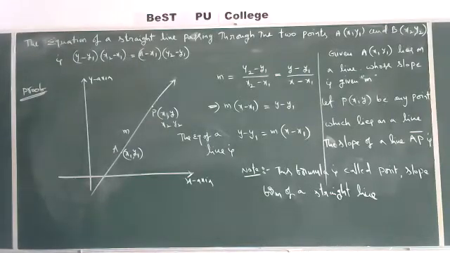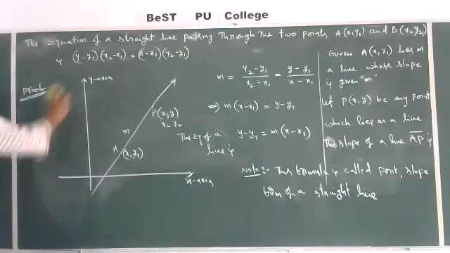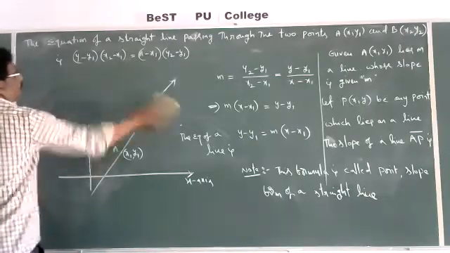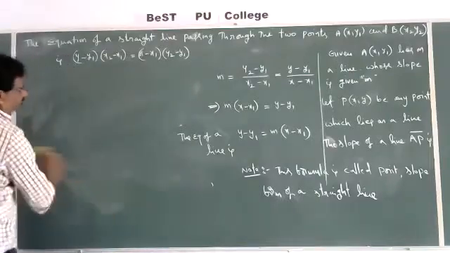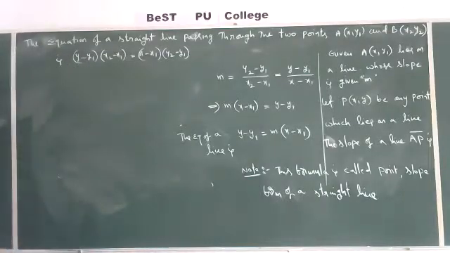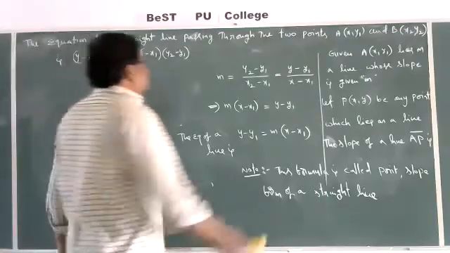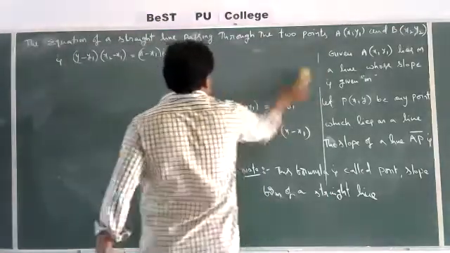Prove that the equation of a straight line passing through the two points A(x1, y1) and B(x2, y2) is (y minus y1) into (x2 minus x1) is equal to (x minus x1) into (y2 minus y1).